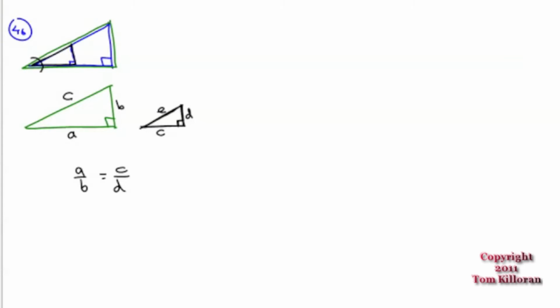Another one happens if you have any old triangle, a scalene triangle, and you draw any line that is parallel to the base. So these two lines are parallel to each other. If that happens, the two triangles are similar. The top little baby triangle and the bigger triangle are considered similar.